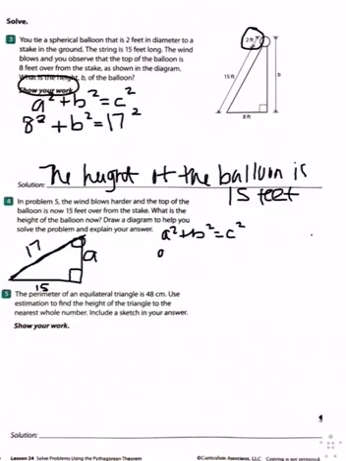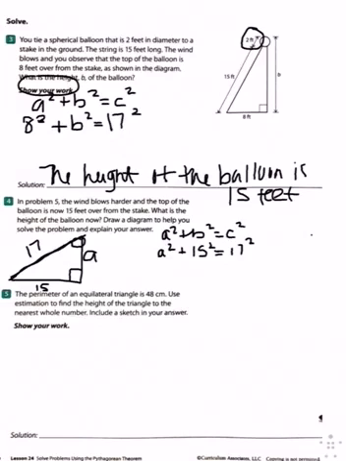You still plug in your answers, but now we don't know our missing a length. 15 squared is 225, 17 squared is 289, and now our missing side length, our missing height, is now the square root of 64. Because once you subtract 289 minus 225, you get 64. The square root of 64 is 8. The missing height is 8. Make sure you showed all of your work in that problem.